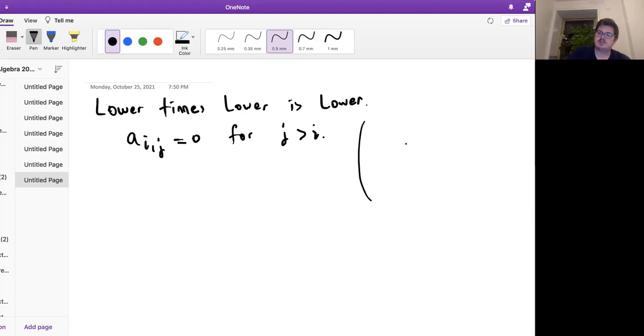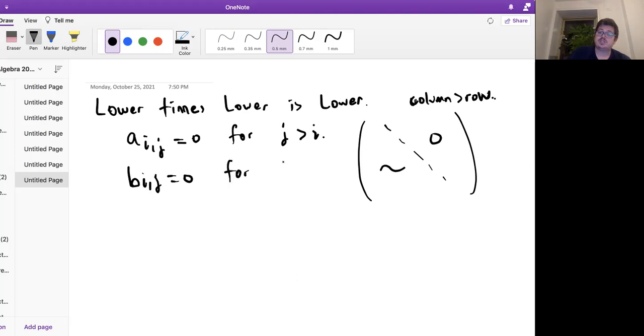So recall, column greater than row is in that upper right half of the matrix. The same thing is true for B_ij. B_ij is equal to 0 for j greater than i.